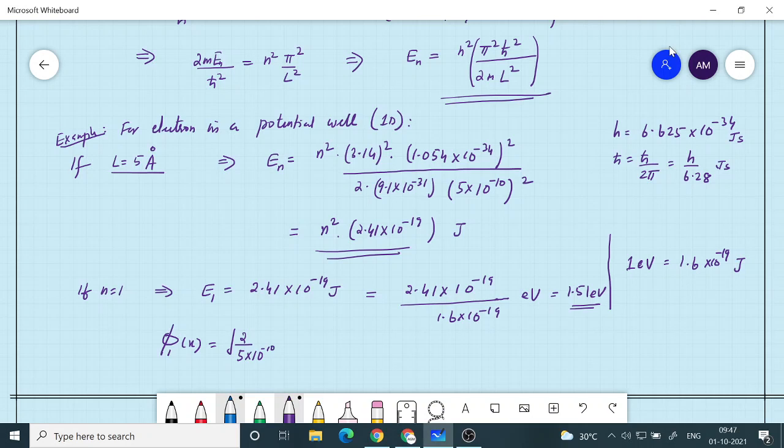It may be more convenient to express the length in nanometer as well. So if I express 5 Angstrom in nanometer, it is 0.5 nanometer. So 2 by 0.5 nanometer.